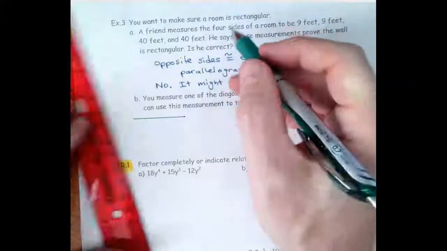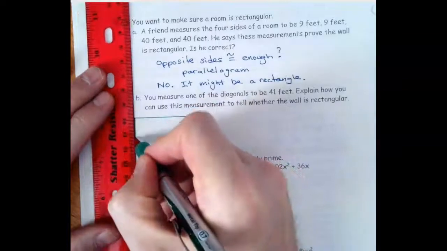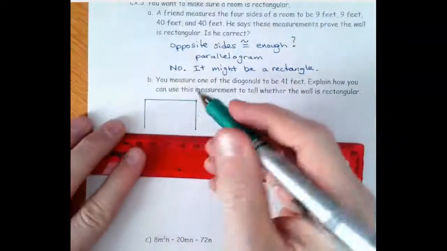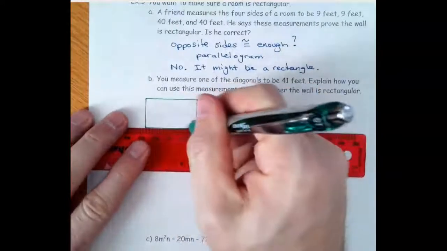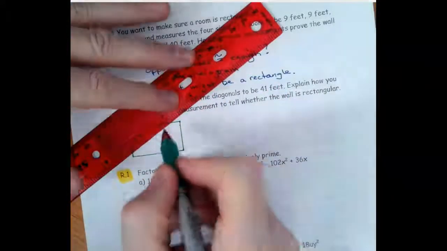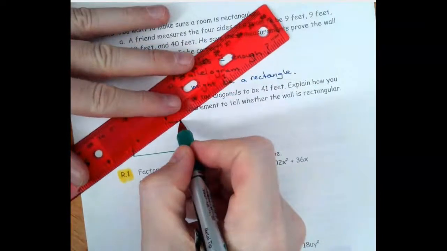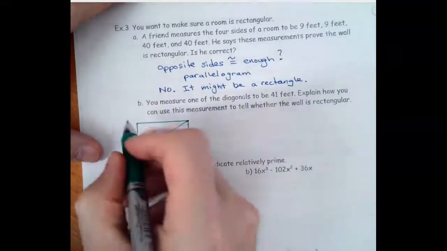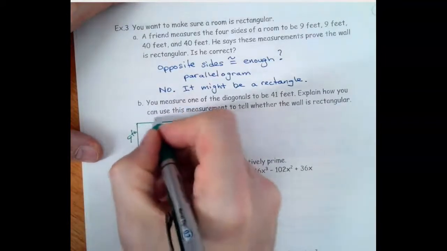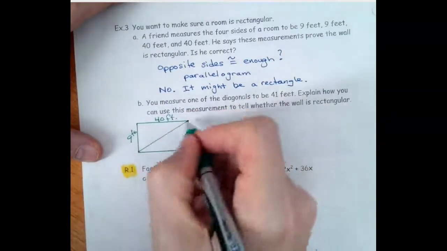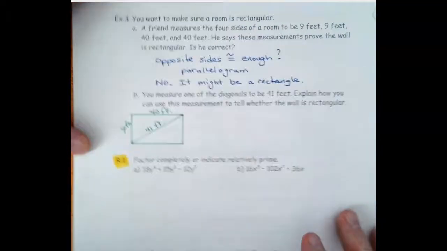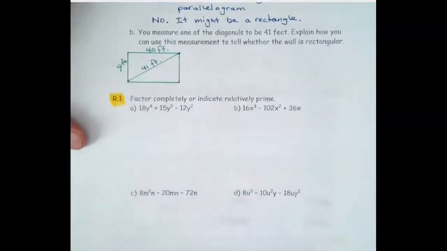So if we draw this out like this, and this doesn't have to be perfect, we're just trying to get a picture to help us do this. So we've got 9 feet and 40 feet, and then you measure the diagonal across there and you get 41 feet. Well, hopefully you realize that ties into today's lesson.